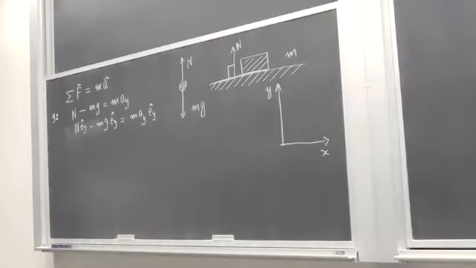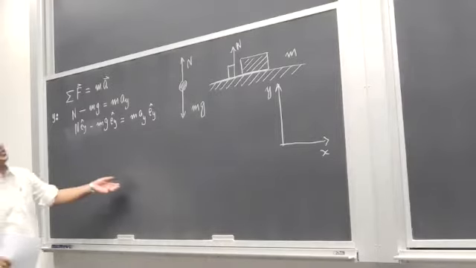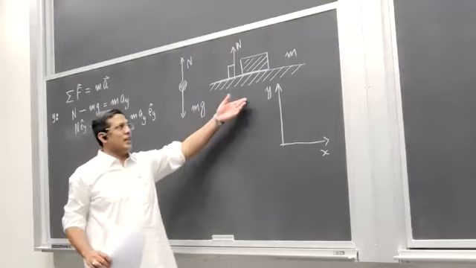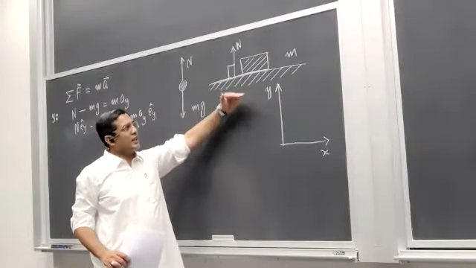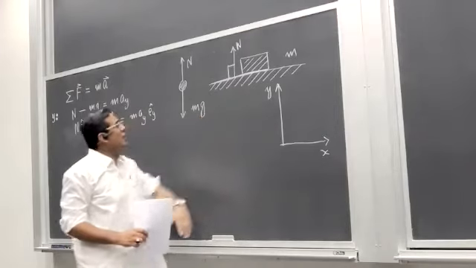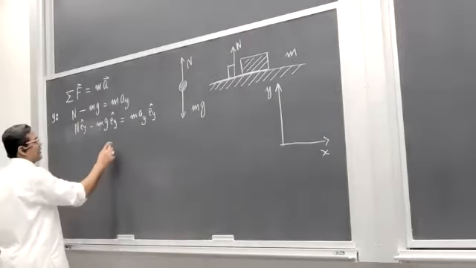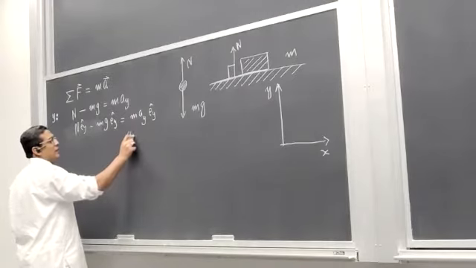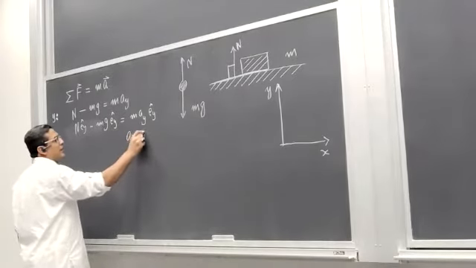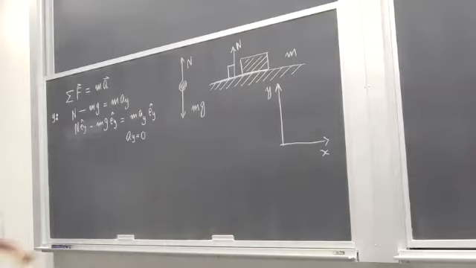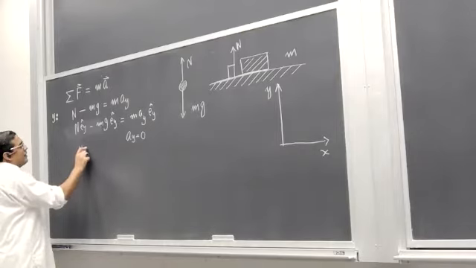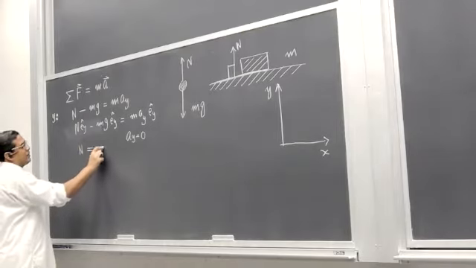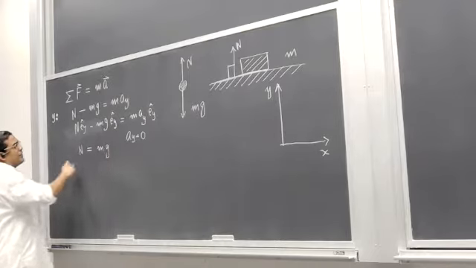All right. Then comes the physical condition that we are imposing. We are already saying that this block is not moving, is at rest in neither direction, not in the x nor in the y. So that means a_y is 0. Now if you plug that in, what you would get is N equals mg.